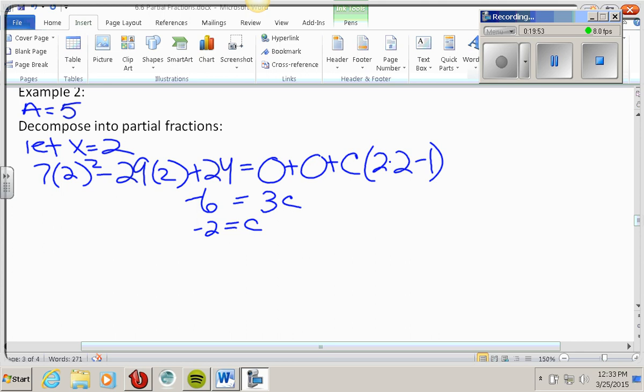And we get c equals -2. Now to find b, we want to choose any value for x except 1/2 or 2. And then we can replace a with 5 and c with -2. So let's just go ahead and let x equal 1.